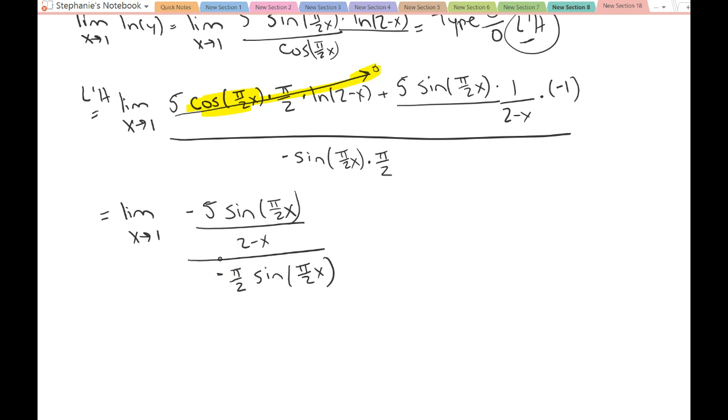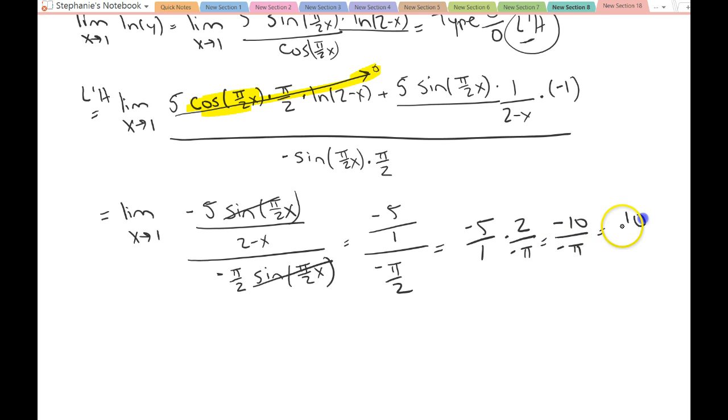So on top, it goes to 1, or we could cancel the sine of pi over 2x, since that's going to cancel each other. That's fine. On top I have minus 5, 2 minus 1, which is 1, divided by minus pi over 2. So I flip and multiply. I have 5 over 1 times 2 over minus pi, which is going to give me minus 10 over minus pi, which gives me 10 over pi.